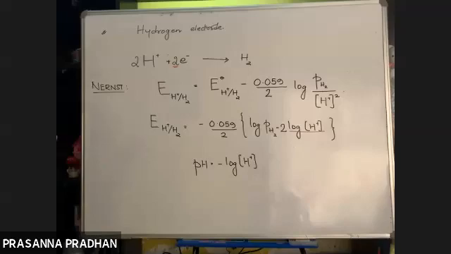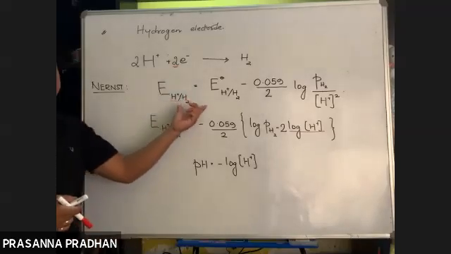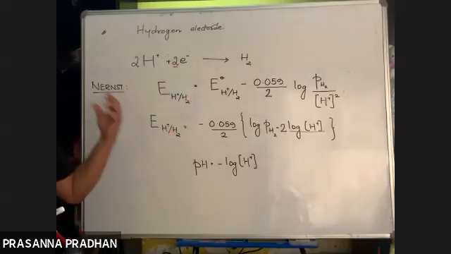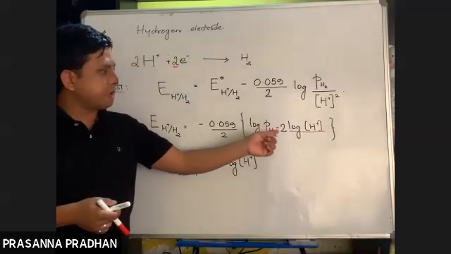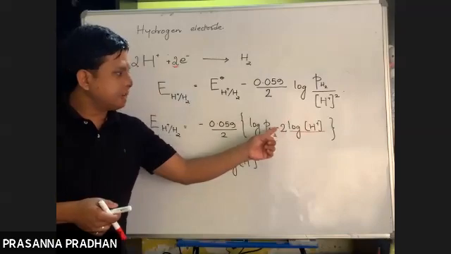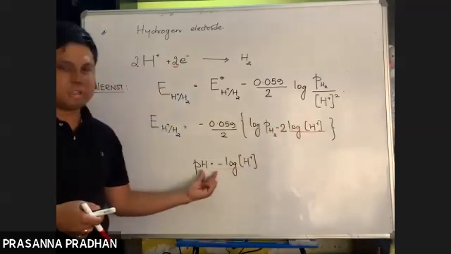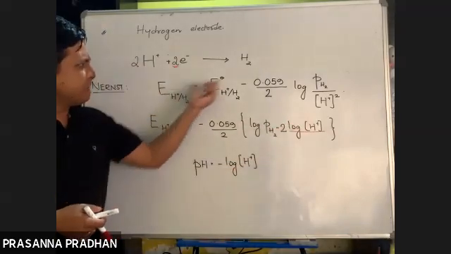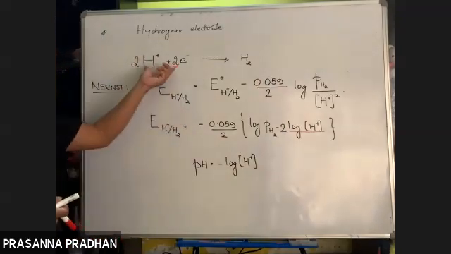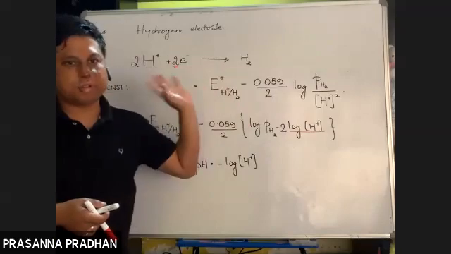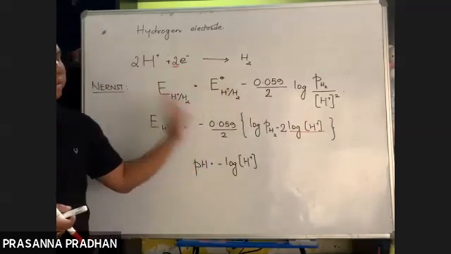Some problems related to pH might come out here, so don't get confused. Since in the hydrogen electrode we have this part, minus log H positive ion, this can be substituted with your pH value. No need to remember all these things. I'm just showing you how we can express this in terms of your Nernst equation. No need to memorize any of this.